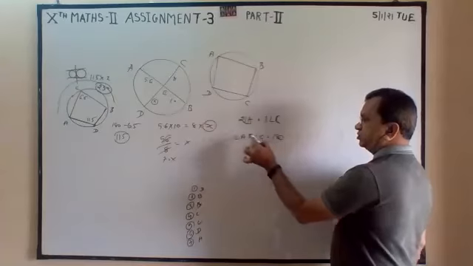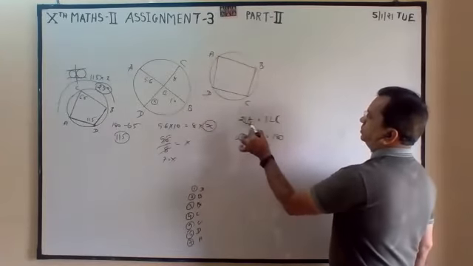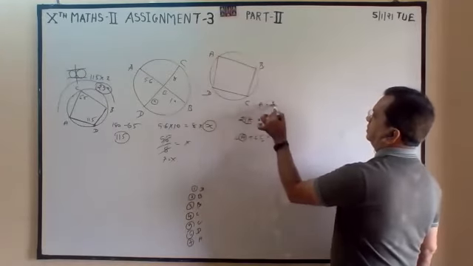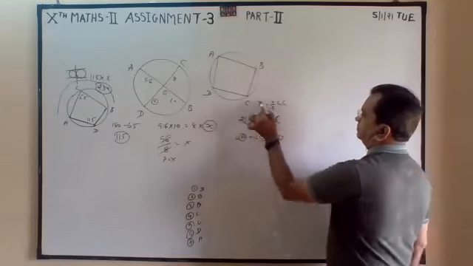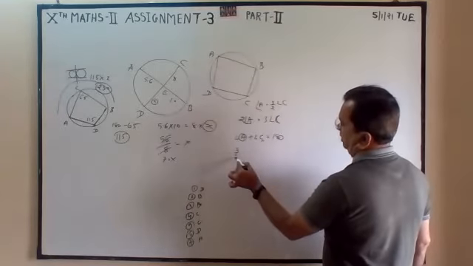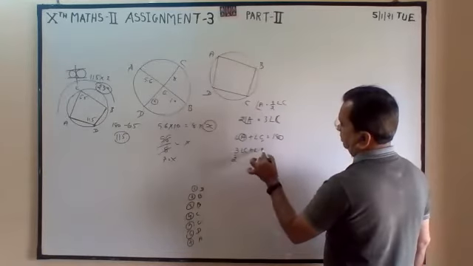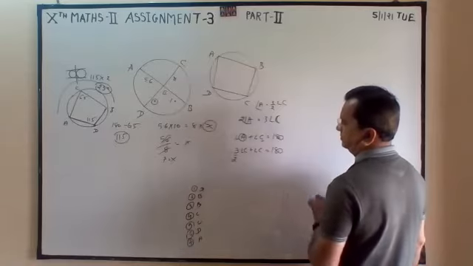You want angle C, so substitute for A. So A is what? 3 by 2 of C. 3 by 2 of angle C plus angle C is equal to 180.